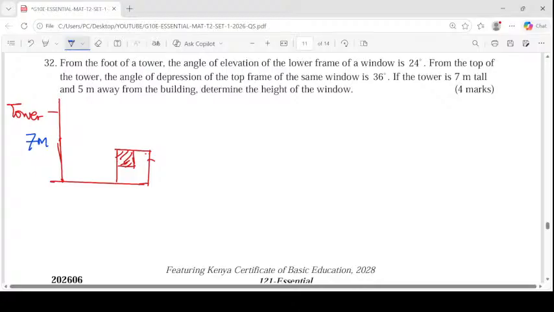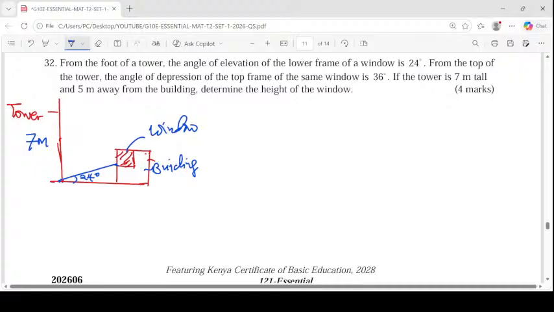This lower frame here, this angle of elevation is 24 degrees. From the foot of the tower to the lower frame of the window. This is the shaded part. This is our window frame. But the whole of these are building. I don't want you to get mixed up.